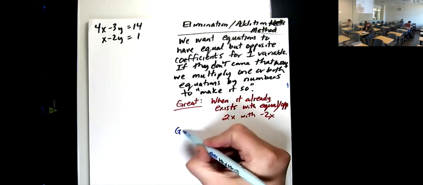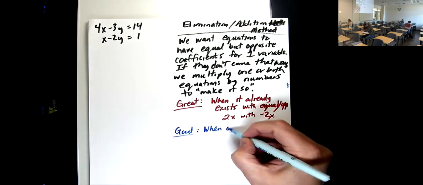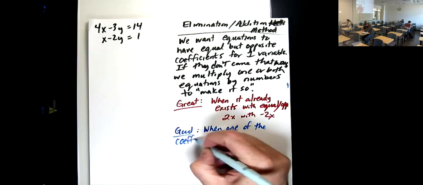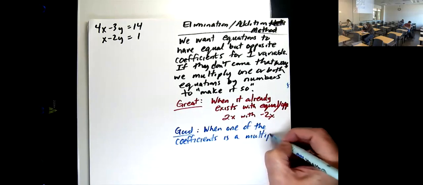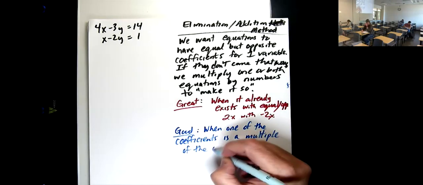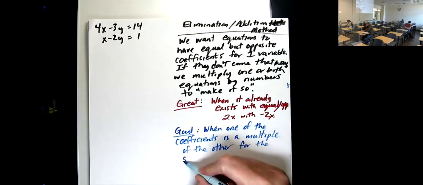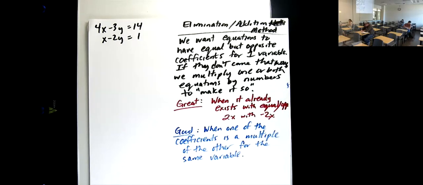It's good when one of the coefficients is a multiple of the other for the same variable between the equations. We have that here with x. 4x is a multiple of x. It's 4 times it.